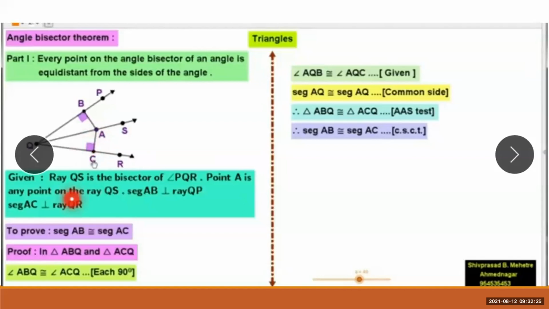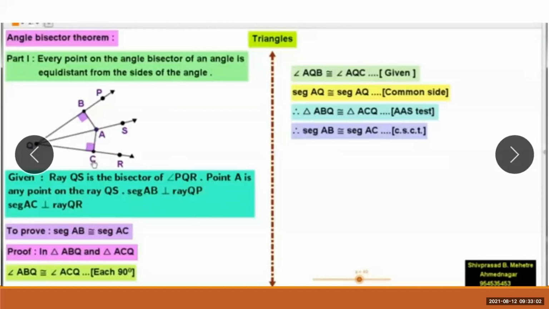See given here, ray QS is the bisector of angle PQR. Okay, you can see it in the diagram. Now point A is any point on ray QS. Here you can see. Okay, point A is on ray QS and ray QS is bisector. Now segment AB is perpendicular to ray QP.